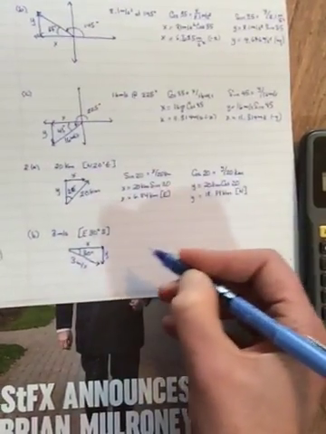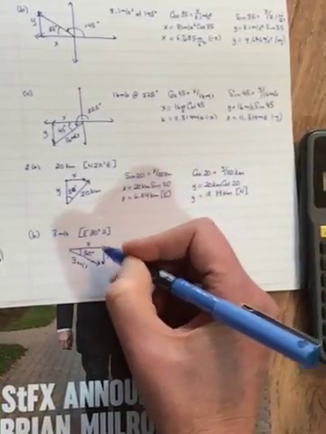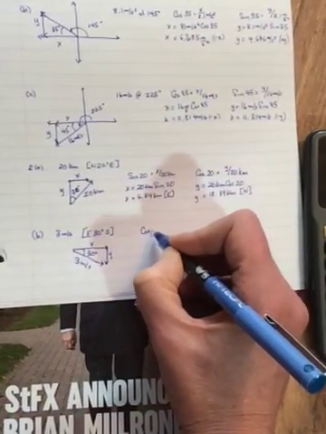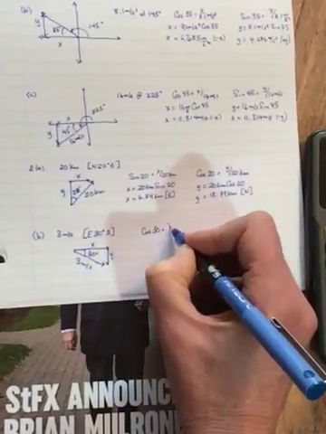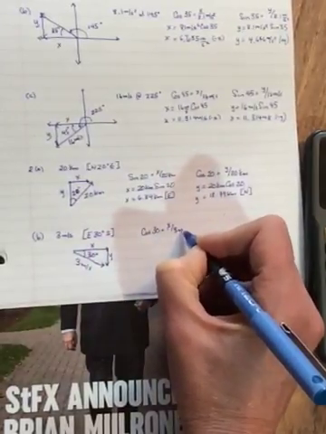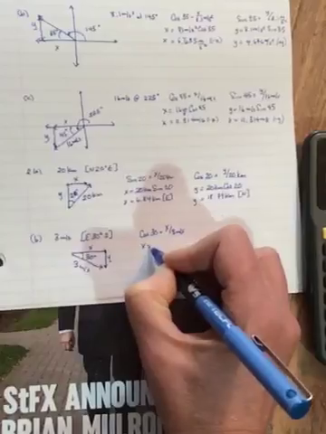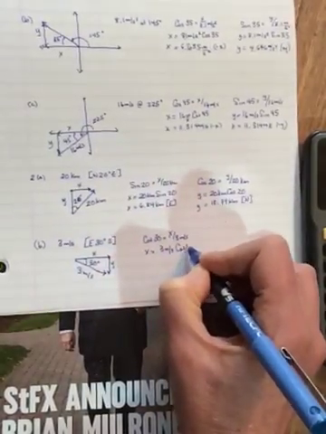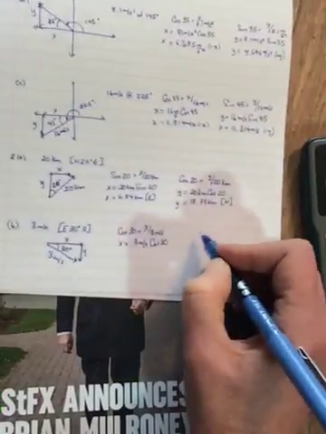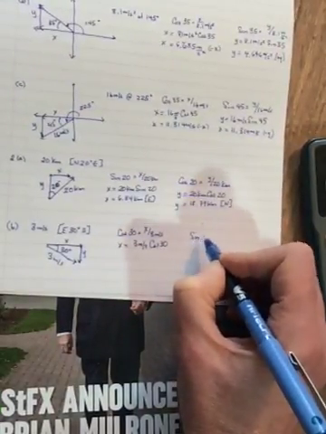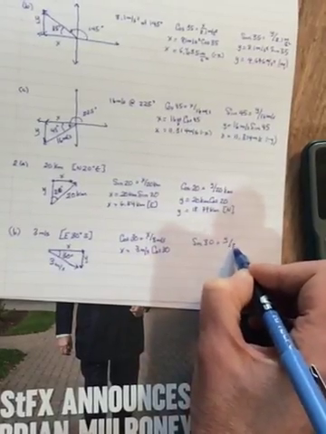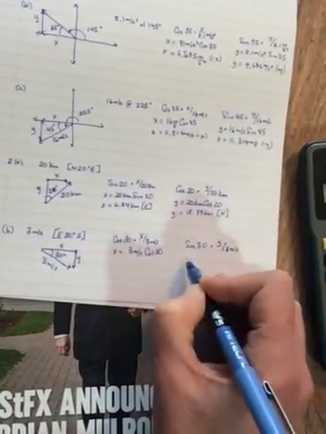This time y is back to sine. It's the opposite. X is again the adjacent. So it'll be cos of 30 is equal to x over 3 meters per second. X is equal to 3 meters per second cos of 30. Okay, and y will be sine. So sine 30 is equal to y over 3 meters per second.